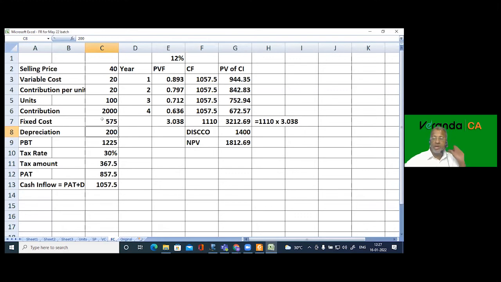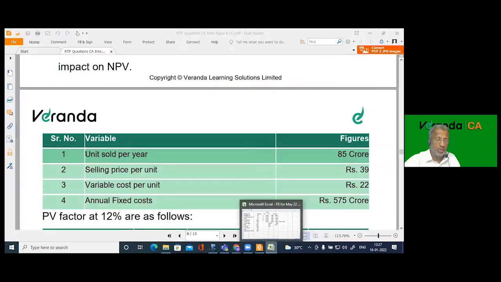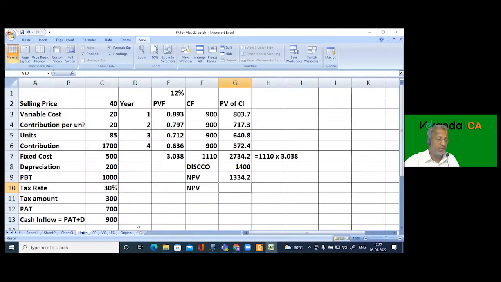Okay. Now, what is the conclusion you would like to draw? We have 3 more minutes. Just watch. So, when it were to be units, original NPV was 1972.18.